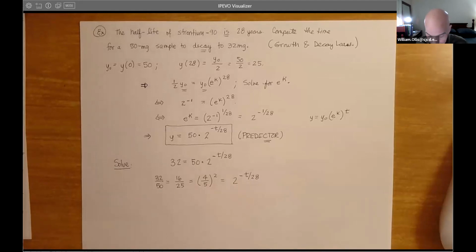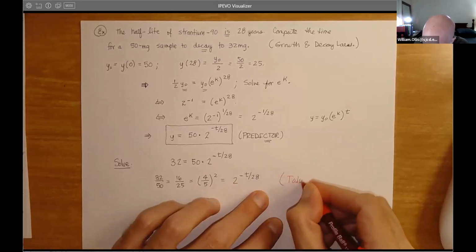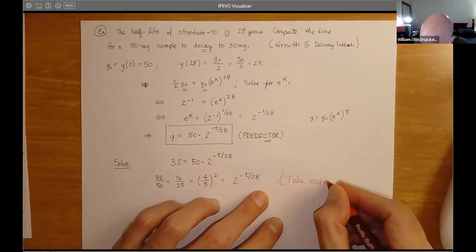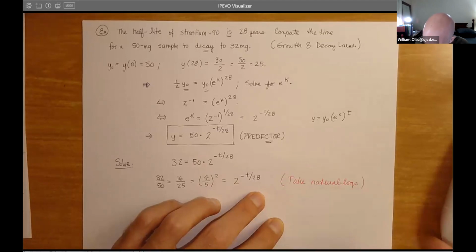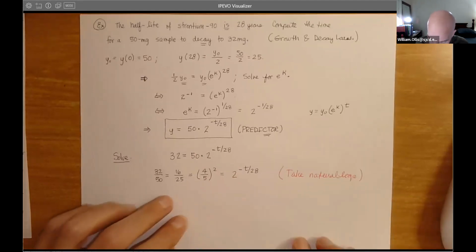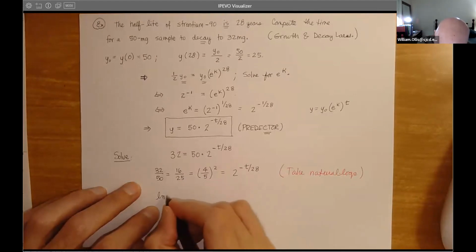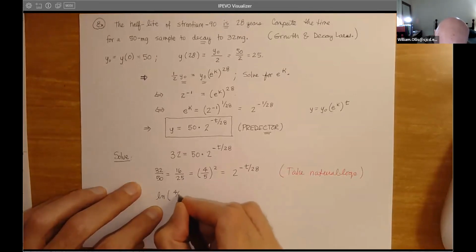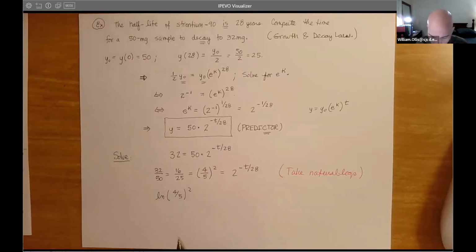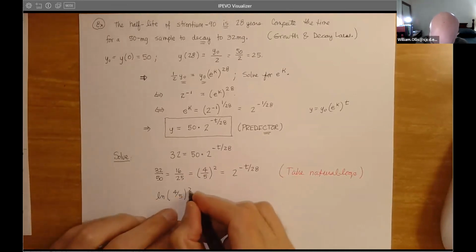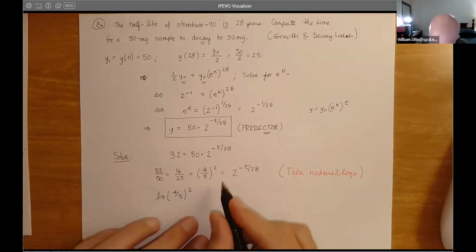So now take natural logs. So we have the natural log of 4/5 squared. And of course, we can bring that 2 down if you want. Use the power rule on this side. Just did that for grins, just because we can do it.